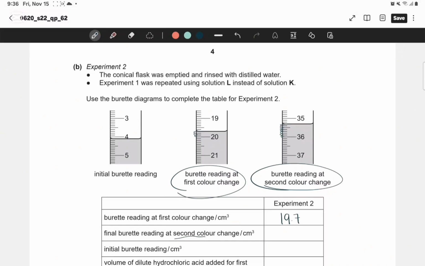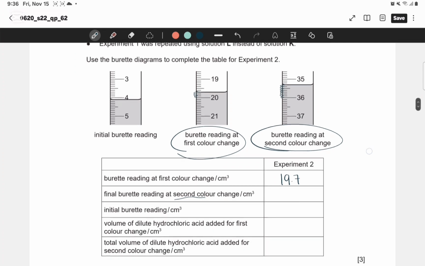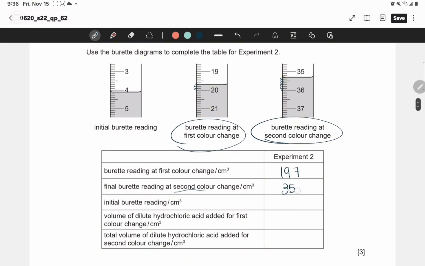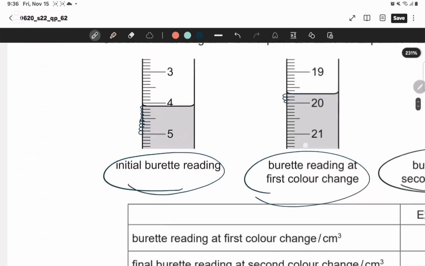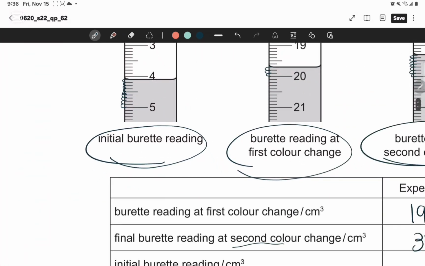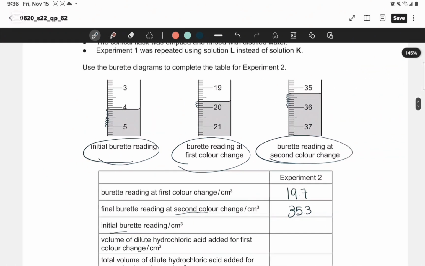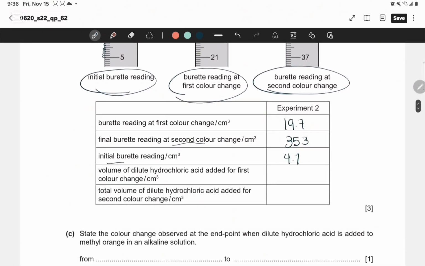So 36 minus 0.7, 35.3. Initial burette reading over here, it's gonna be 1, 2, 3, 4, 5, 6, 7, 8, 9. So 5 minus 0.9, it's gonna be 4.1.